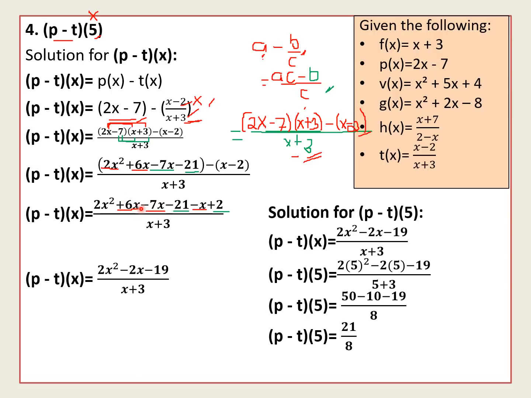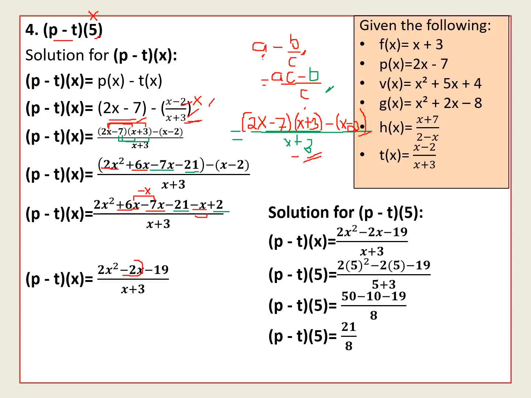Then, 6x minus 7x, it would be what? 6x minus 7x, it would be negative x. Tama? Tapos, negative x minus x, it would be negative 2x. Tapos, constant na tayo.